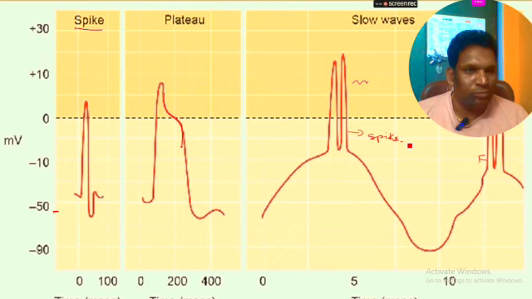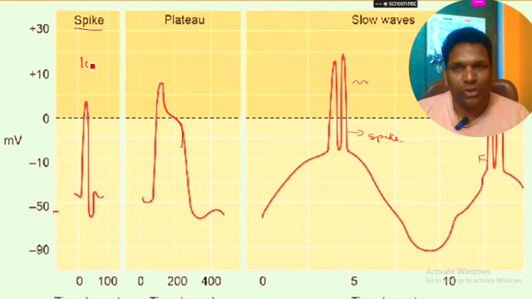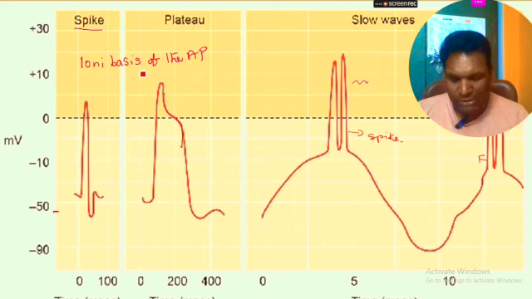What is the ionic basis of the action potential in the smooth muscle fiber? It is mainly due to opening of voltage gated calcium channels, then the spike of the action potential, with the highest level of calcium around the isoelectric phase.